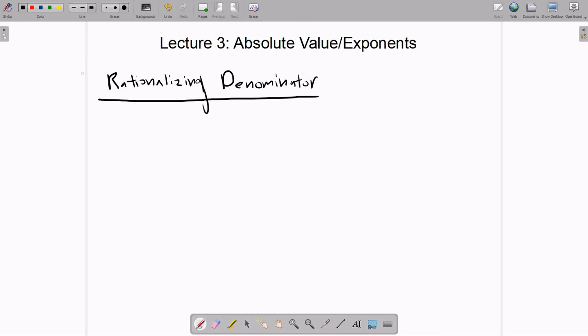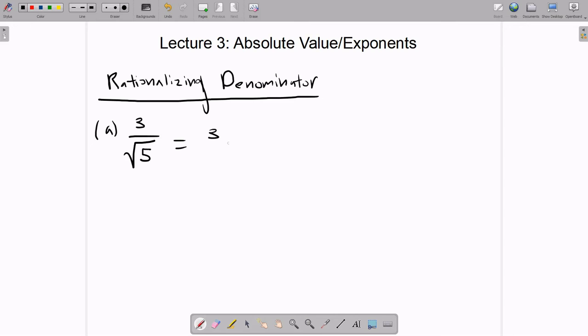For example, let's say you have 3 over the square root of 5, and you want to bring the radical to the top because it doesn't look right for whatever reason.